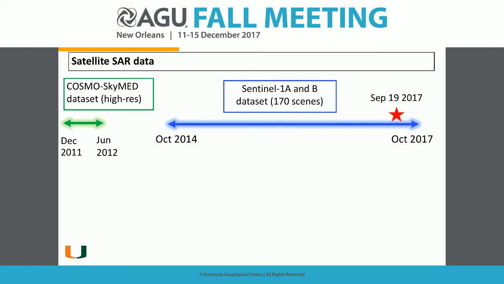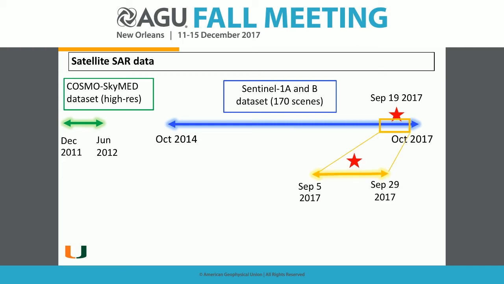But these SAR scenes are not as high resolution as Cosmo-SkyMed. The final resolution that we get is around 60 meters per pixel. And we have data from 2014 to 2017, and the earthquake happened in September 2017.